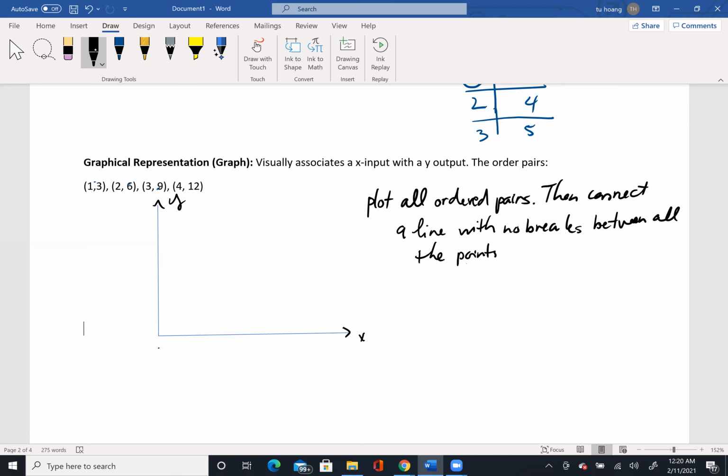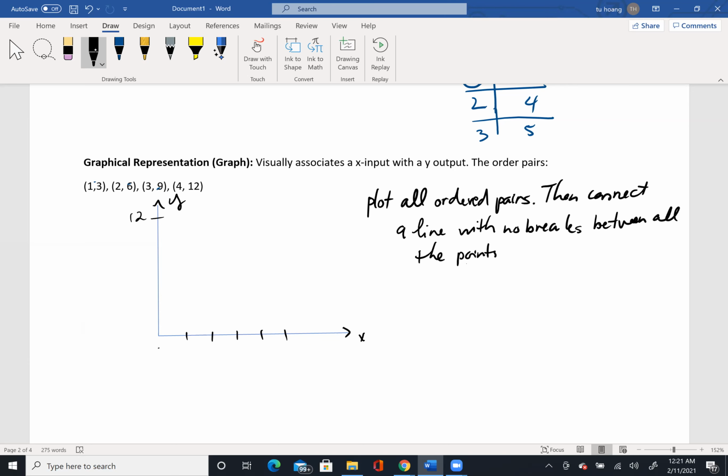Okay, so let's plot. Firstly, I have 1 and 3, right? 1 is the value of x, so I put 1, 2, 3, 4, 5. The maximum of x is 4, so I go up to 5. The maximum value of y is 12, so I need to have 12 up to here.